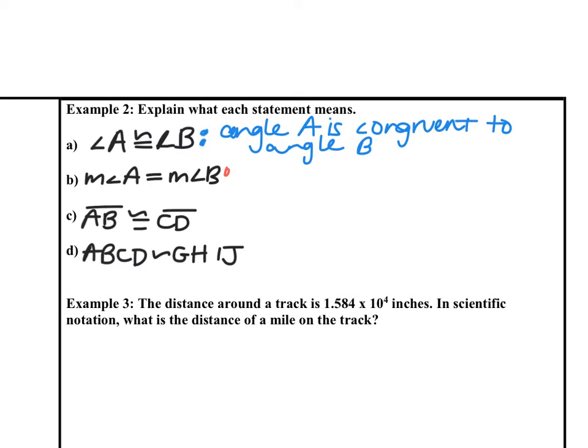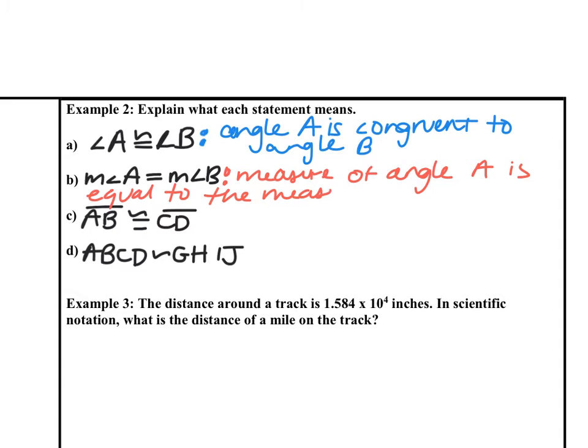Next, this one says that the measure, that's what the M stands for, is measure, of angle A is equal to the measure of angle B.